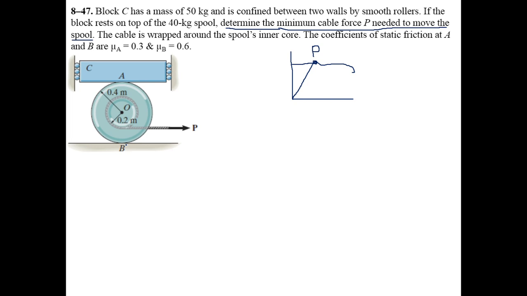And how many unknowns do we have? The unknowns are: one friction force acting in this direction, which will be Fa.